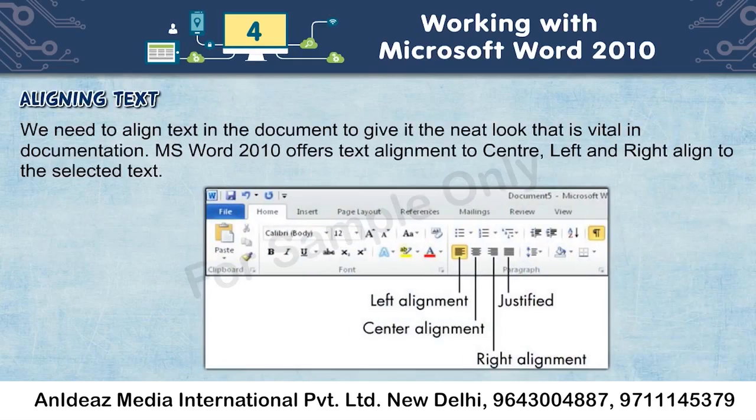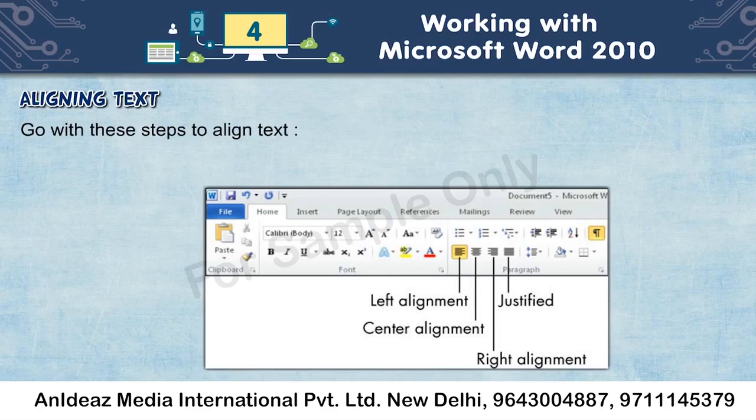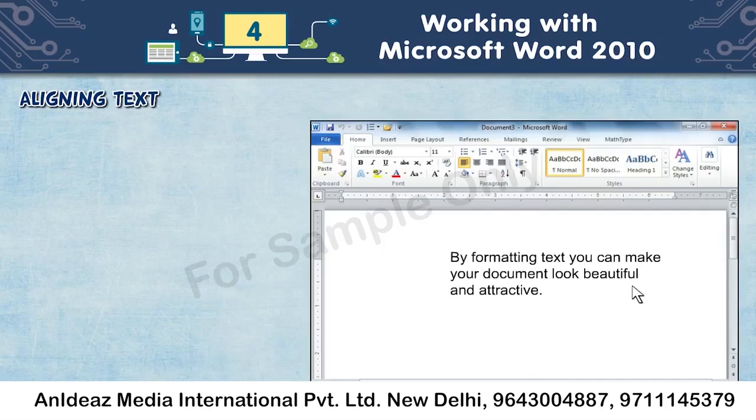Aligning text. We need to align text in the document to give it the neat look that is vital in documentation. MS Word 2010 offers text alignment to center, left and right aligned to the selected text. Go with these steps to align text. Select the text that we want to align.